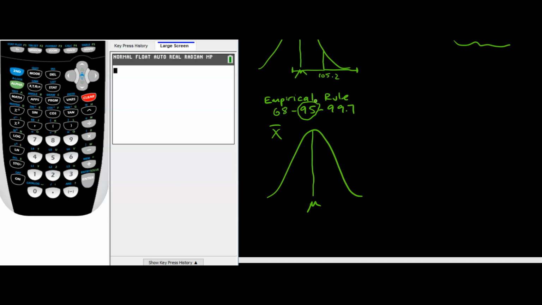And I'm also going to be a little bit more detailed than what I just was. So to be perfectly accurate, 95% of your data is not within 2 standard deviations of the mean. 95% of your data in a normal distribution is actually within 1.96 standard deviations of the mean.